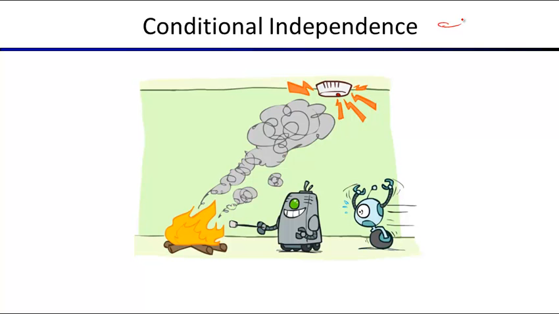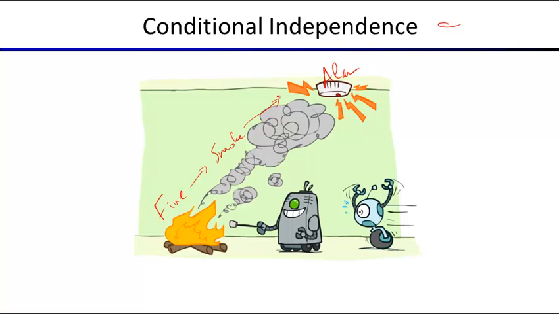Just to annotate the random variables here, this is fire, this is smoke, and this is alarm. To give you some intuition of what we'll be getting at, there's some relationship here where fire causes smoke, smoke causes the alarm to go off, and even though the alarm going off is not independent of whether there is a fire or not, once you know whether there is smoke or not, you can already tell a lot about whether the alarm will go off or not.